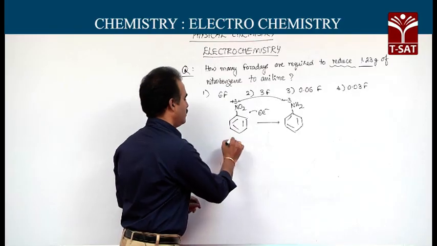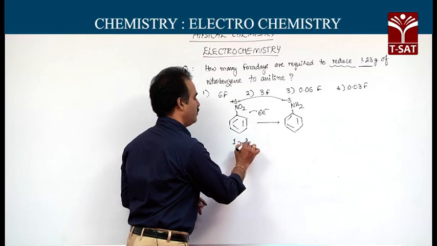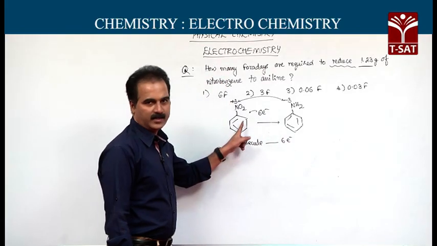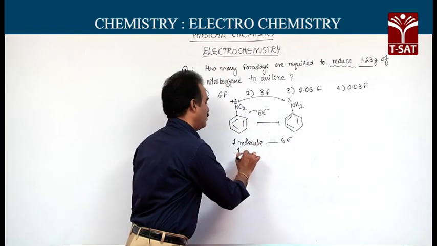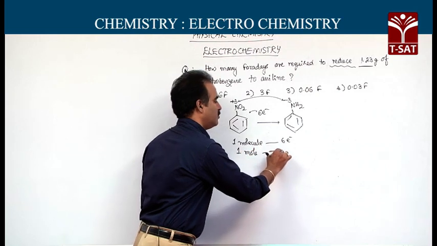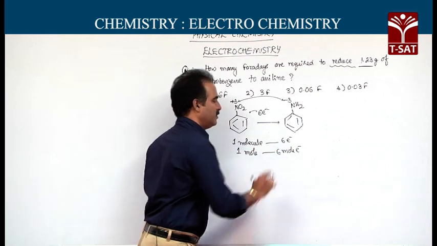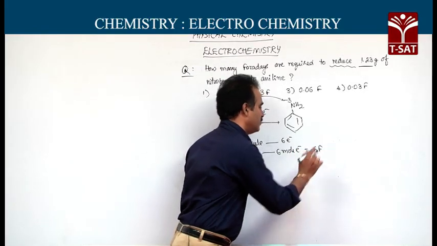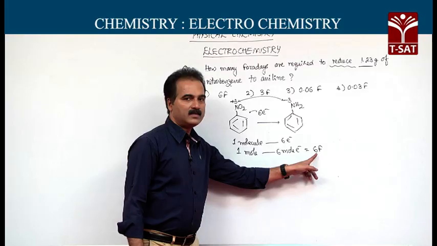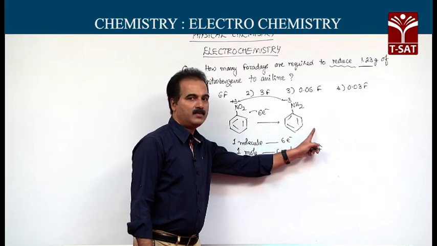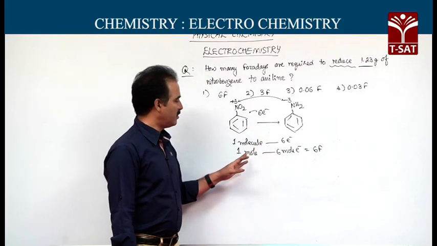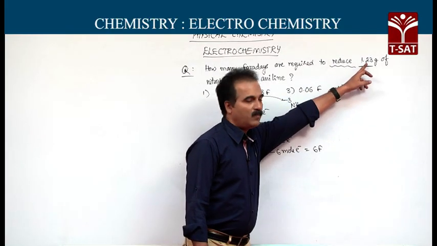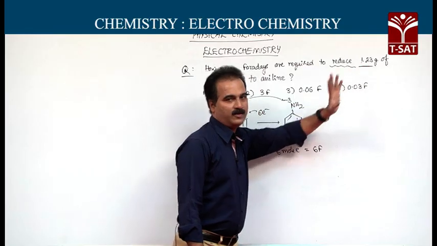So, for one molecule of nitrobenzene, 6 electrons are needed for its reduction. So, for 1 mole, 6 moles of electrons are needed, and 6 moles of electrons means 6 Faradays. So, for 1 mole, 6 Faradays are needed for the reduction of nitrobenzene to aniline, but we are not reducing 1 mole, we are reducing 1.23 grams of nitrobenzene.